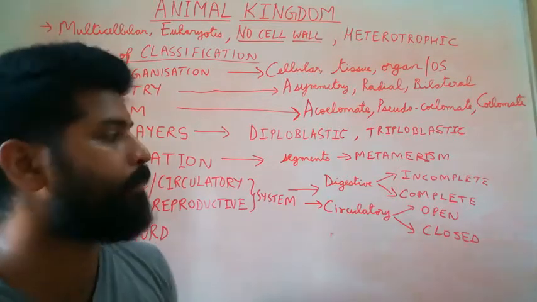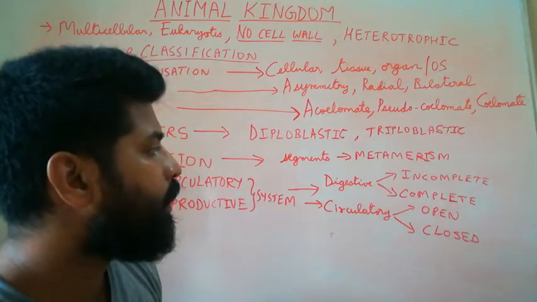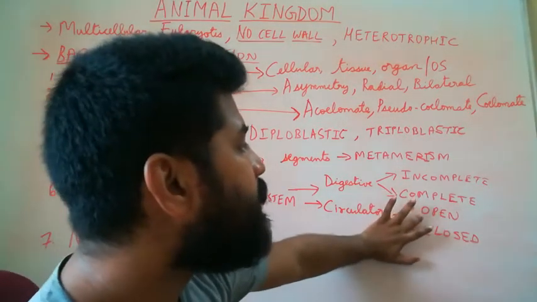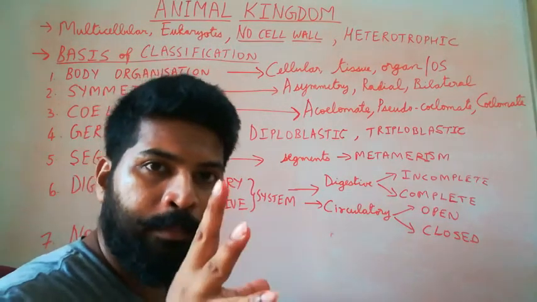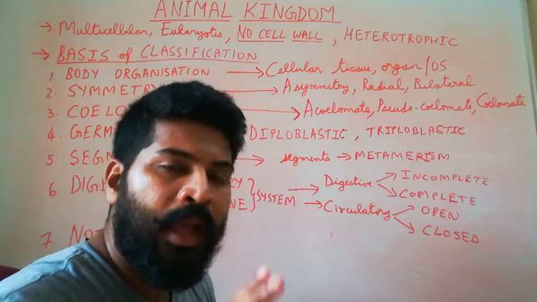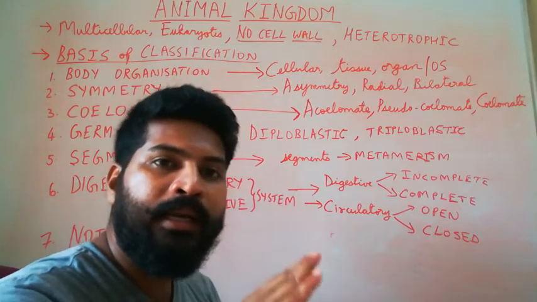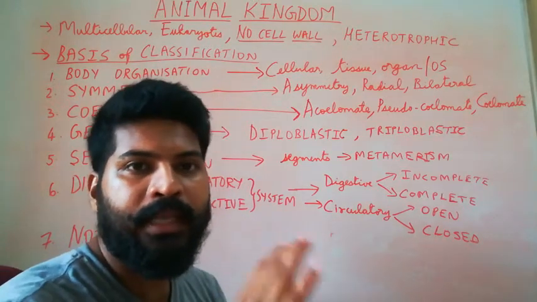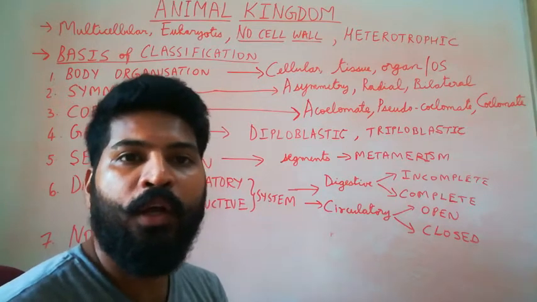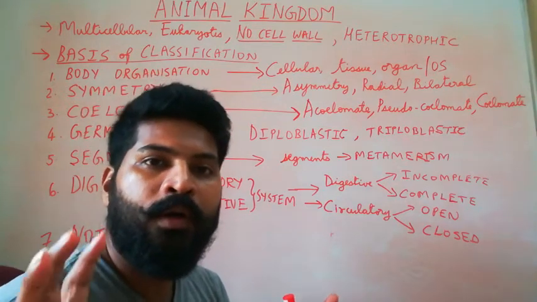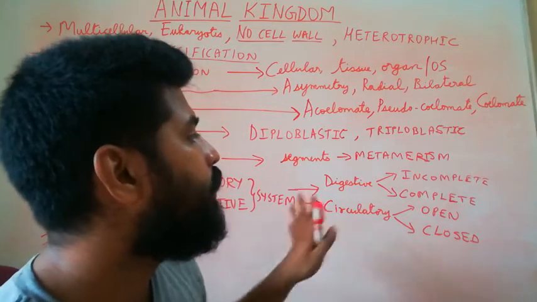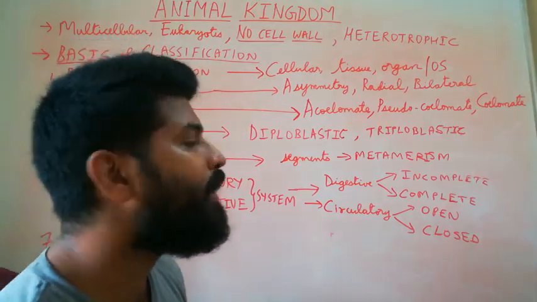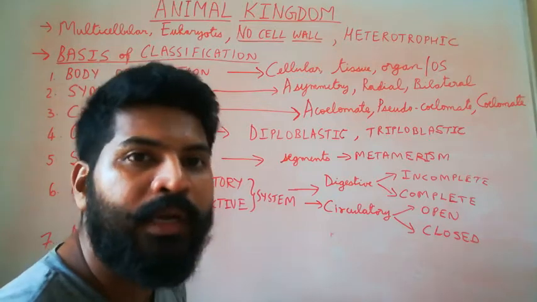In animals which exhibit an open circulatory system, the heart pumps the blood, and the blood will directly bathe the cells, tissues and the organs. So organs, cells and tissues are in direct contact with the circulatory fluid, that is the blood.